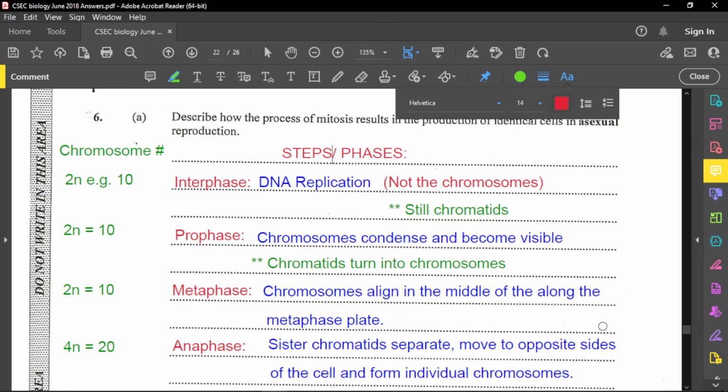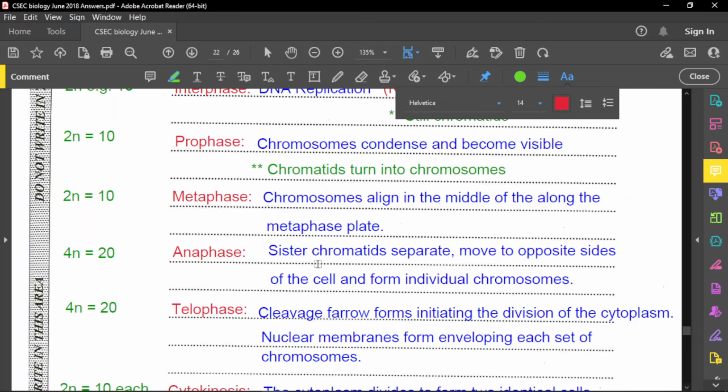And then the next thing is that after the metaphase, we have the anaphase. In the anaphase, the sister chromatids separate and move to opposite sides of the cell and form individual chromosomes. The reason they form individual chromosomes is because the centromere is still intact, and it's the centromere that determines the number of chromosomes.